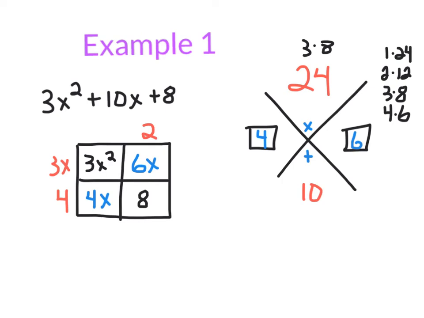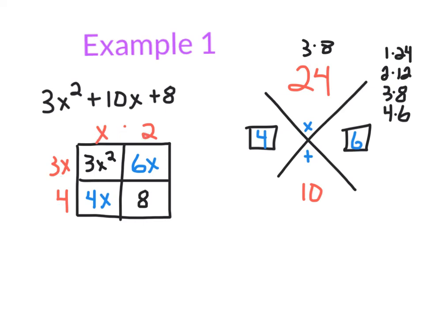Now the last ones we have to look at are 4x and 3x squared. First thing I want you to notice is the x. We can take out an x, so I'm going to write the x. However, the 4 and 3 have no greatest common factor, so all we can take out is the x.